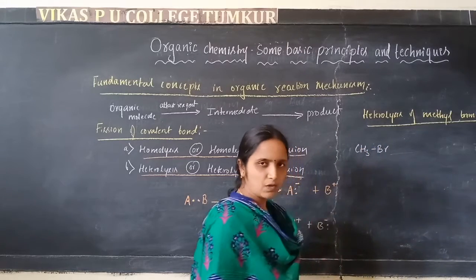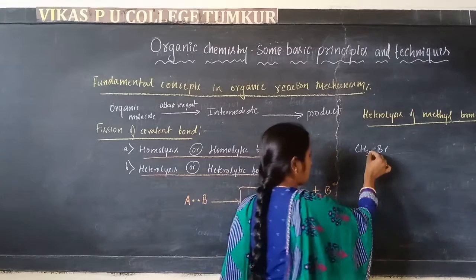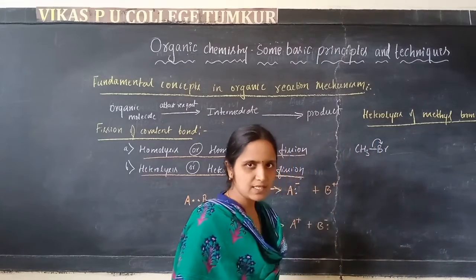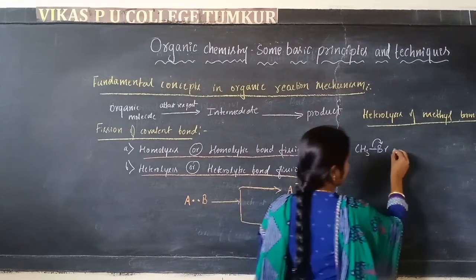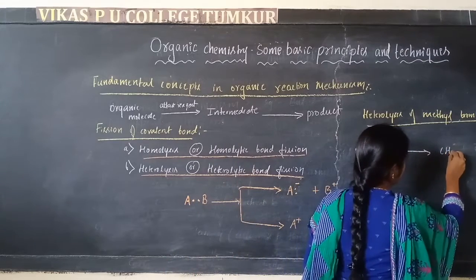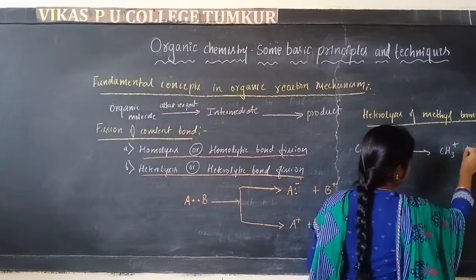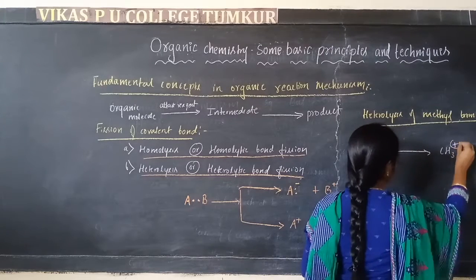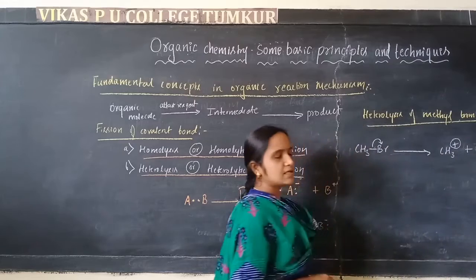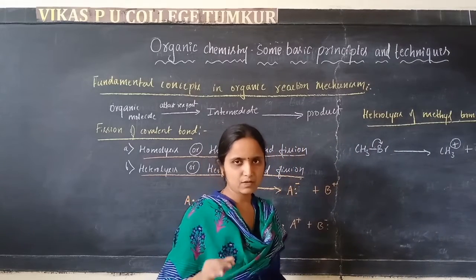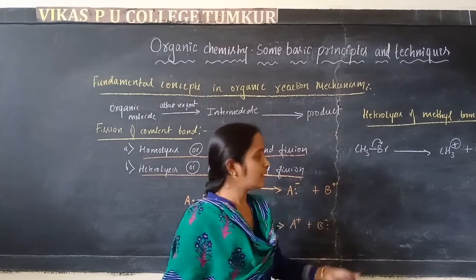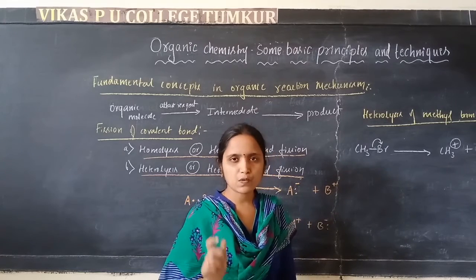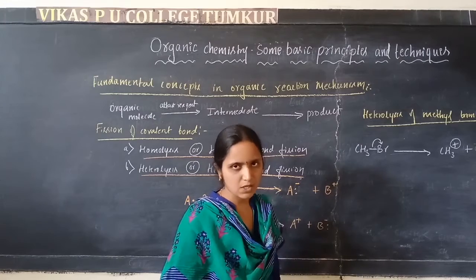Here the shared pair of electrons is shifted towards the bromine. Therefore, that is the methyl group gets the positive charge and this bromine gets the negative charge. Means during the heterolytic cleavage, the carbon gets the positive charge. That species we call a carbocation.